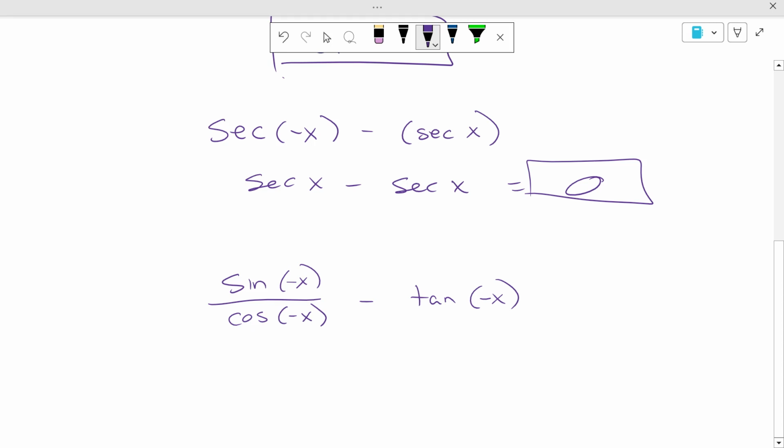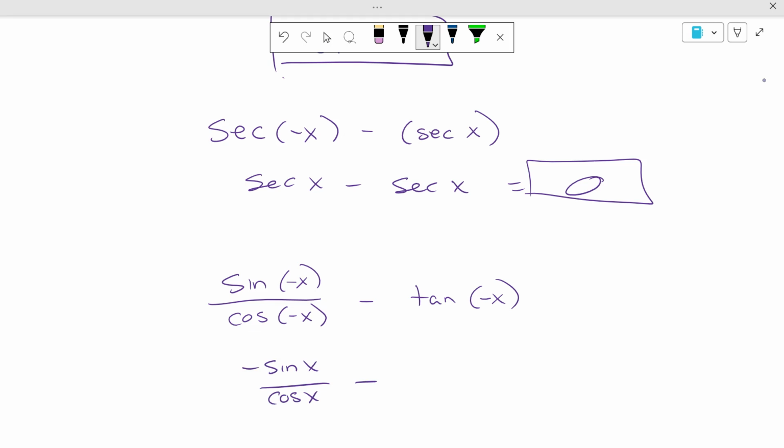The sine of negative x over the cosine of negative x, minus the tangent of negative x. Okay, what's the sine of negative x equal to? Negative sine of x over positive cosine of x.